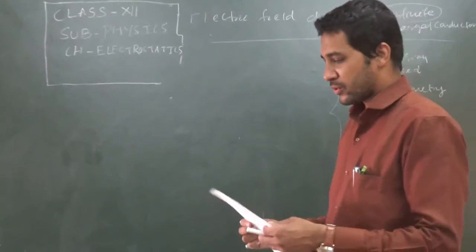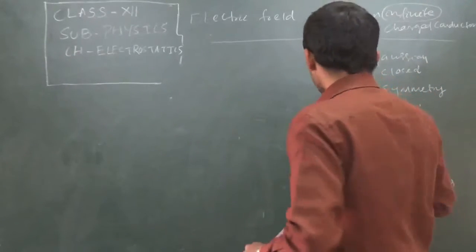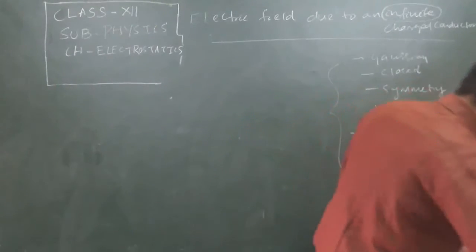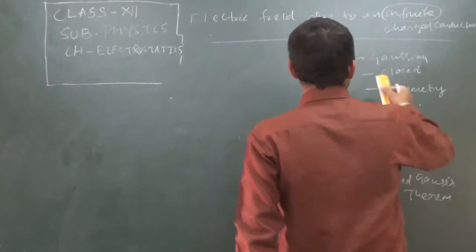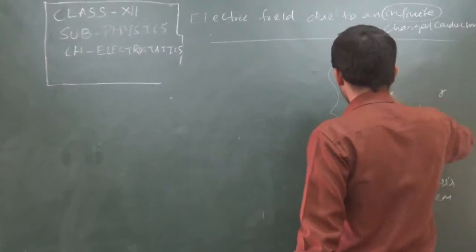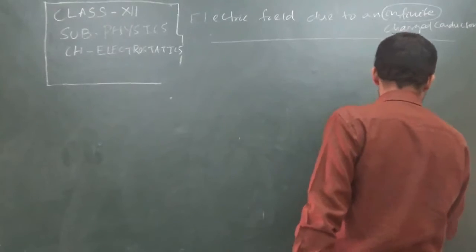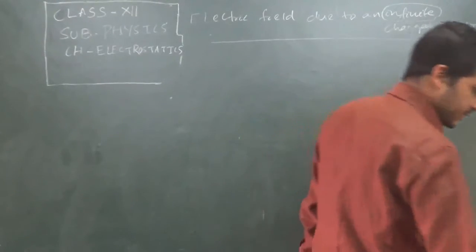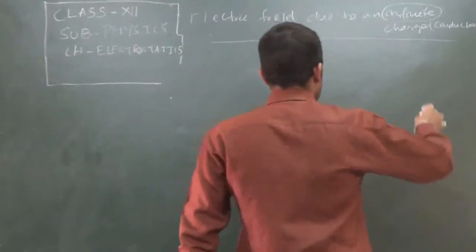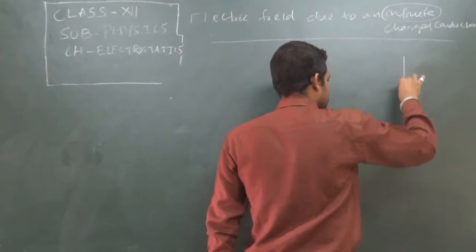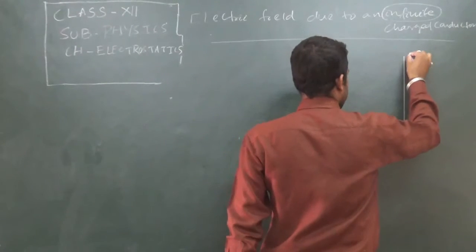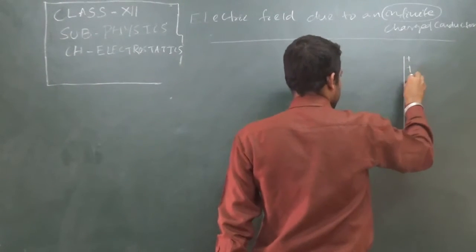So now the first case is the electric field due to an infinite charge conductor. Let us consider a straight conductor. Let me discuss the diagram first. Let us consider you have a straight conductor which is being charged positively.